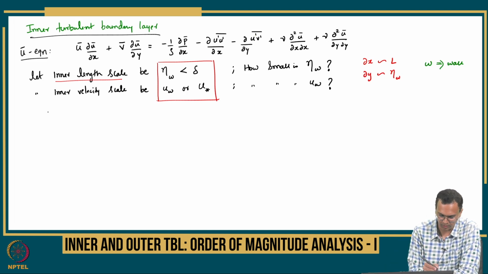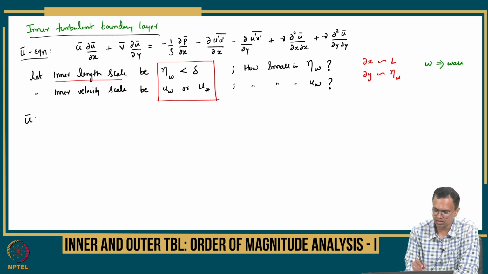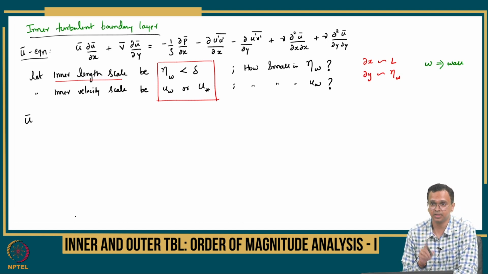So now we have the velocity scales. If you look into the equation, I have U bar, I have changes in velocity also. In the first, outer turbulent boundary layer, we said U bar is an order of magnitude different than the changes in U, ∂U bar, ∂²U bar and so on. But as I approach very close to the wall, what will happen to the velocity gradients, ∂U bar/∂y, let's say? They become very large, right?